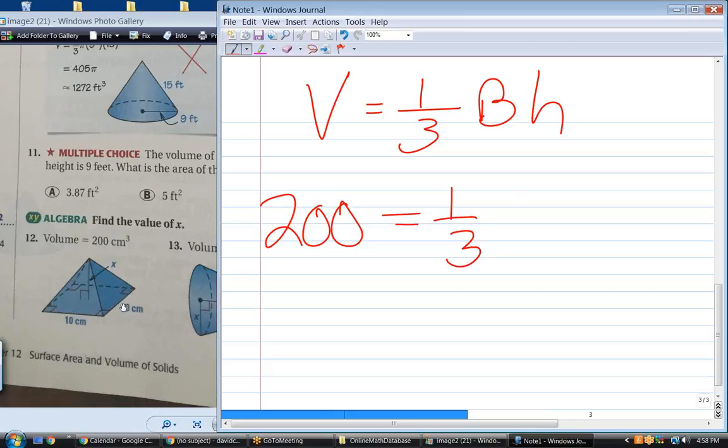No, but you can easily find it. 10 times 10. It's just 100 centimeters squared. The height is x. So now I just have to solve that equation, which is easy. x equals 6.